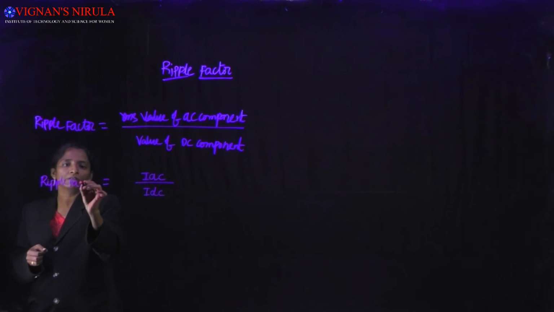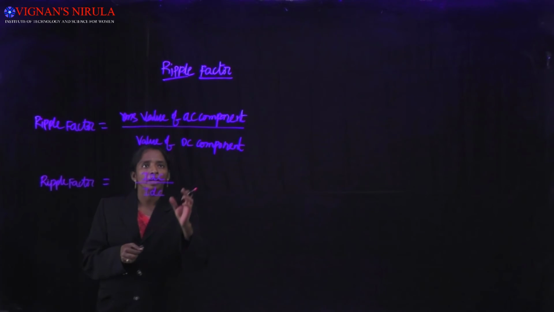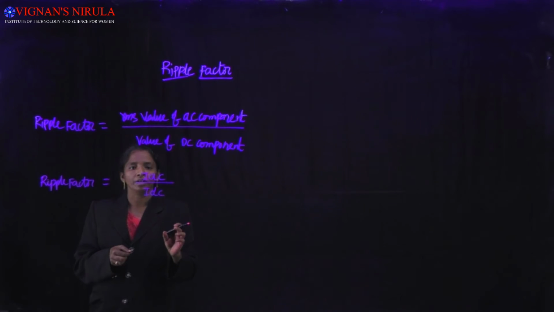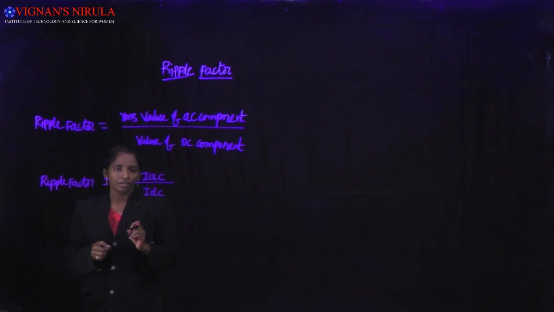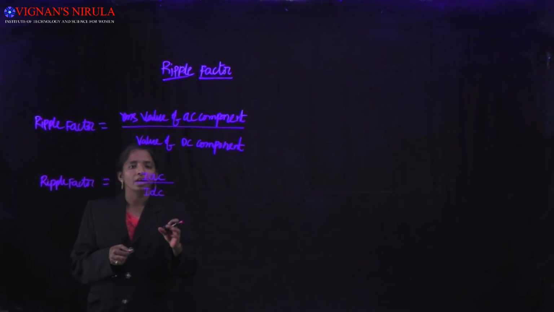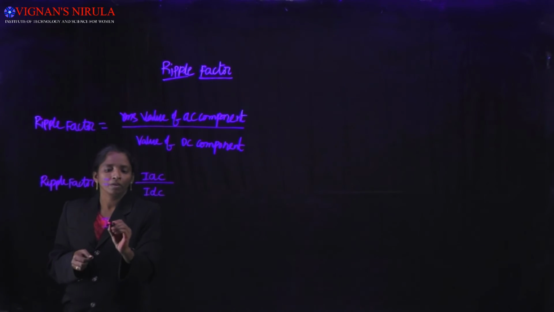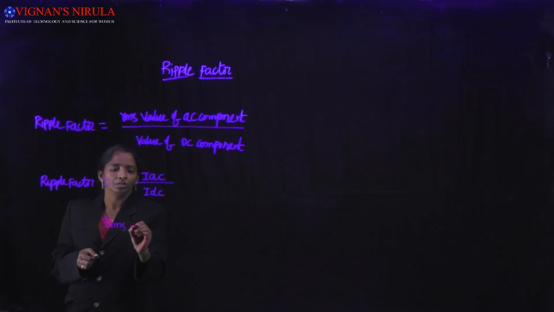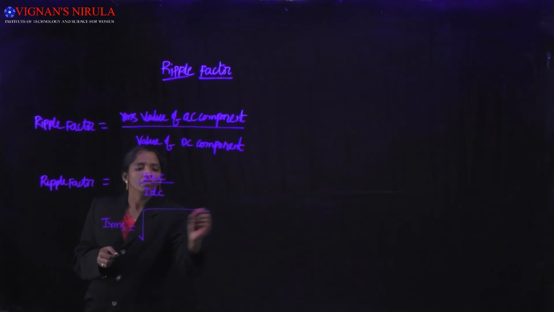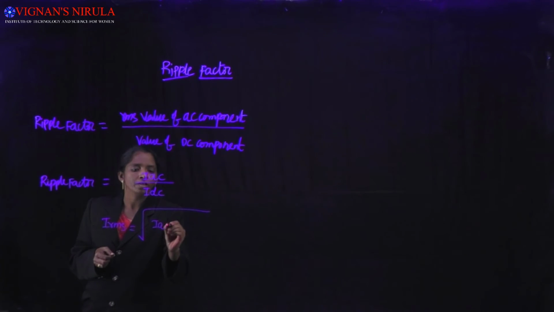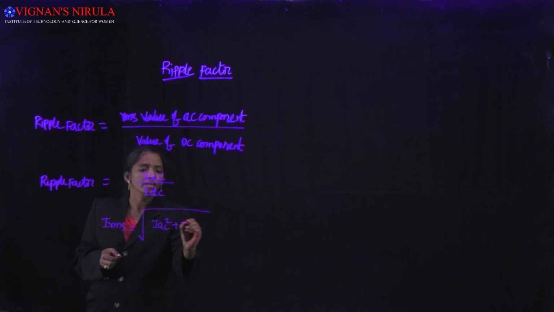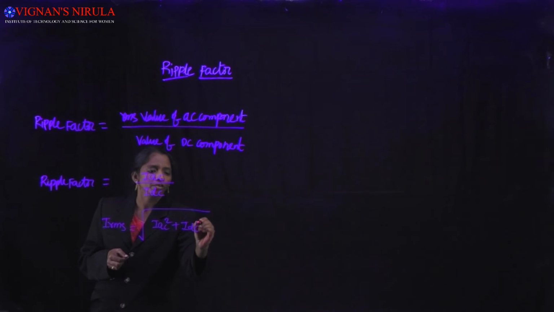Ripple factor equals the RMS value of the AC component to the value of the DC component. We know the RMS value: IRMS equals the square root of IAC square plus IDC square.